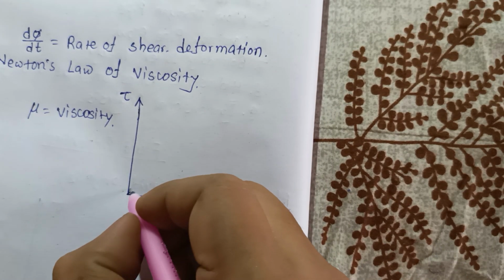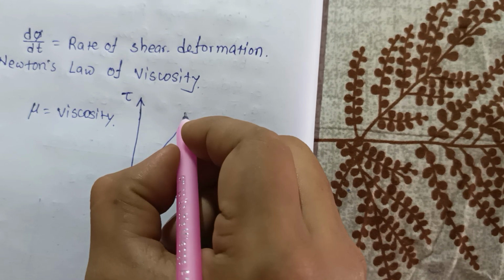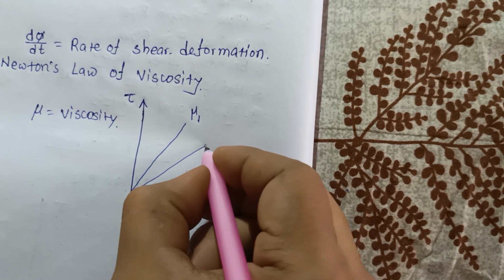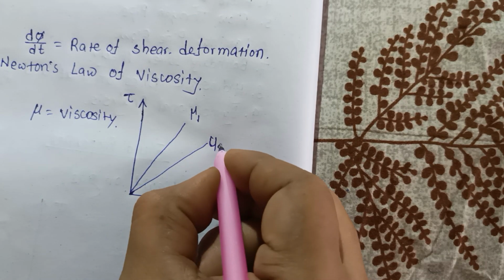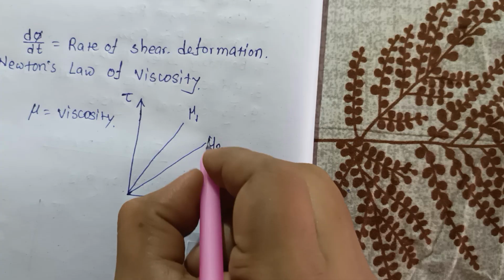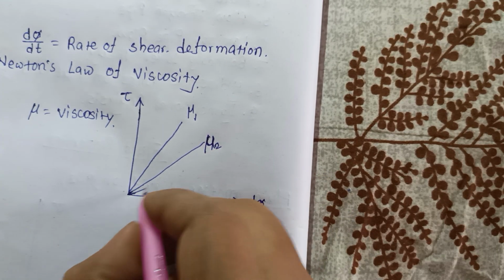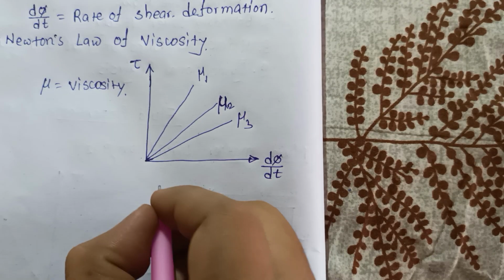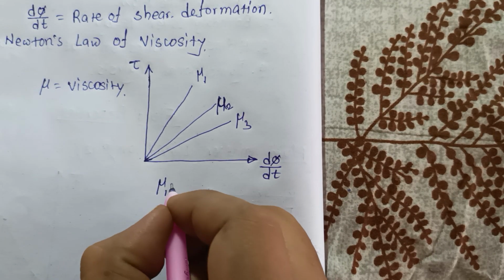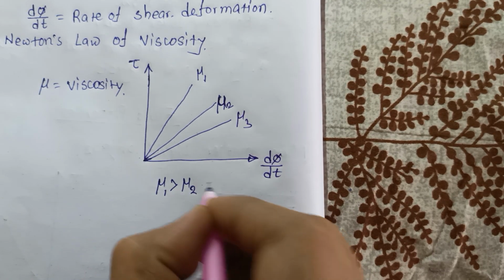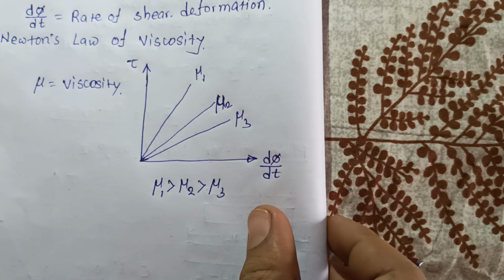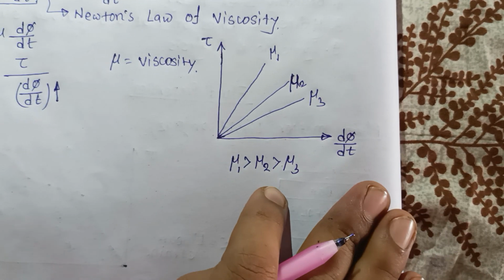This is for mu1, this is for mu2, and this is for mu3. So here mu1 is greater than mu2 is greater than mu3.